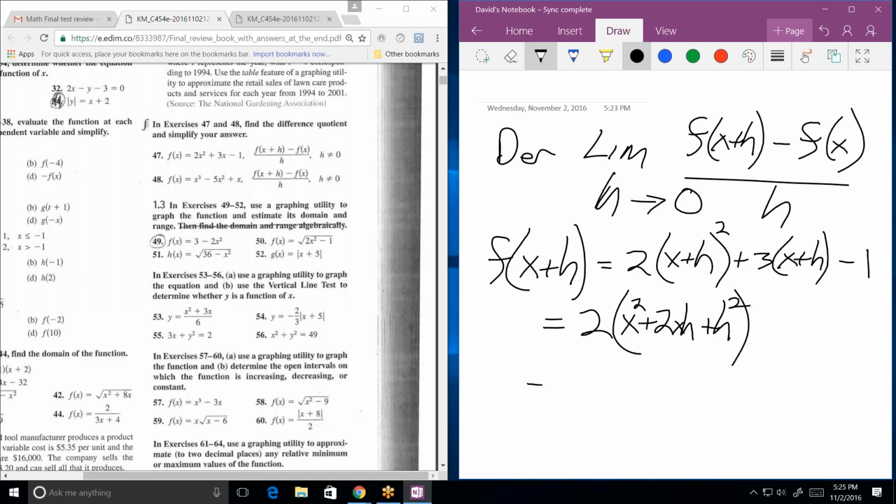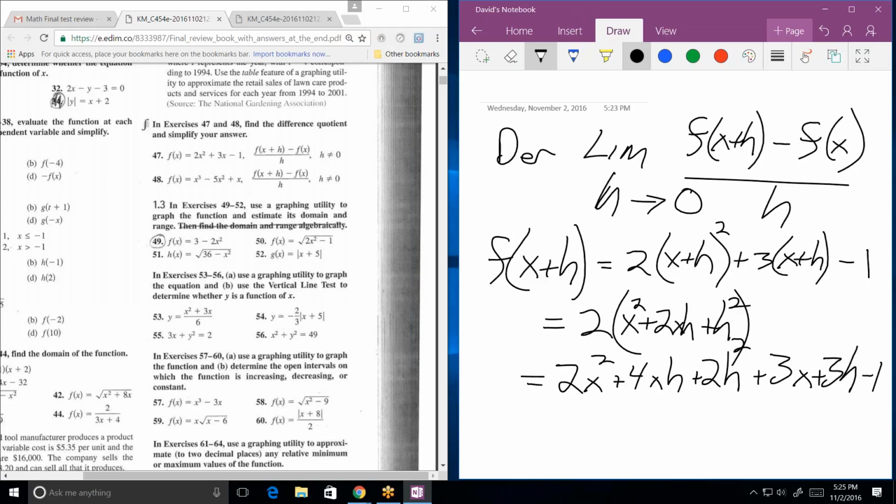Okay, now I'm going to distribute that. So I get 2x squared plus 4xh plus 2h squared plus 3x plus 3h minus 1. Can't really combine anything there. Wait, not yet.